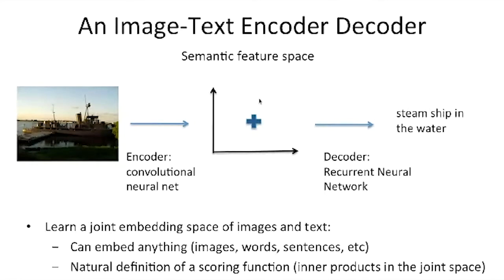So you can learn a joint embedding between images and text. You can pretty much embed anything: images, words, sentences. There's also a very natural definition of similarity, which is just looking at a dot product between the vectors in the semantic feature space. A lot of caption generation systems are based on this idea.